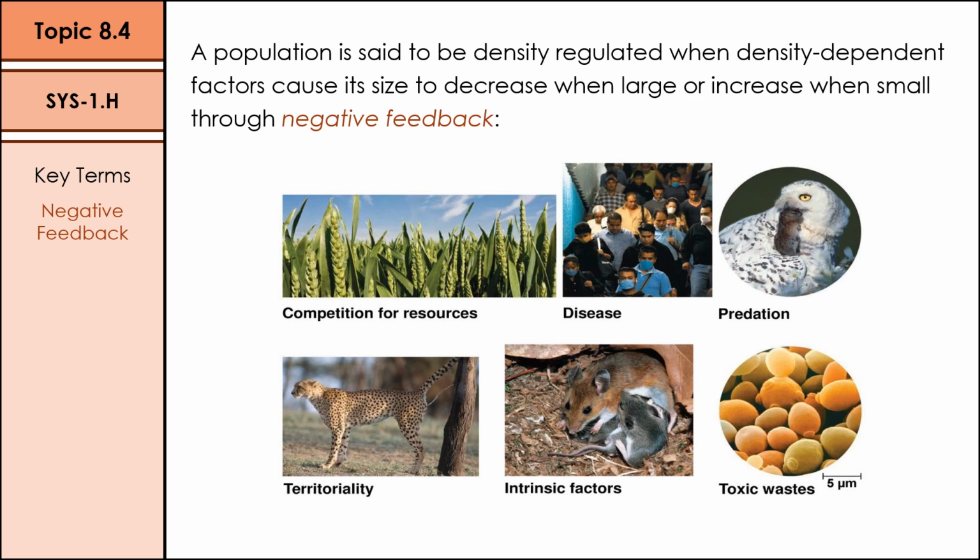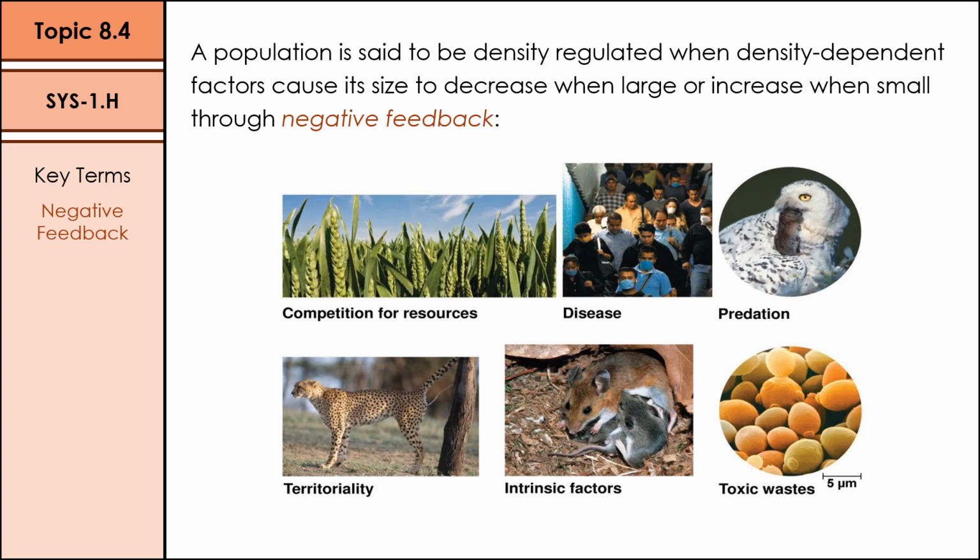Then we consider things like territoriality. So a lot of organisms are going to be territorial. They like their space. They like to have a set amount of said space. I like to have a set amount of space. But as we increase in our numbers, the amount of space that you may be able to get gets smaller and smaller.